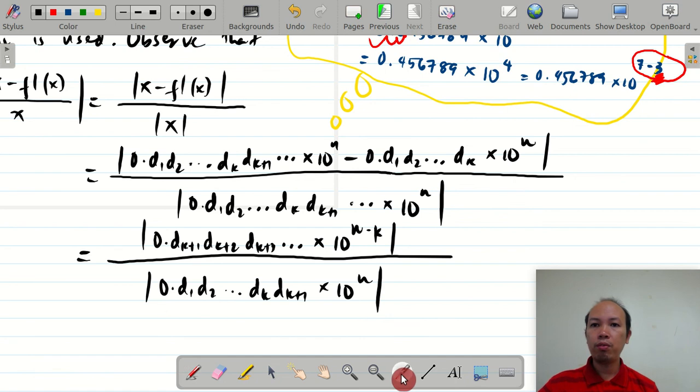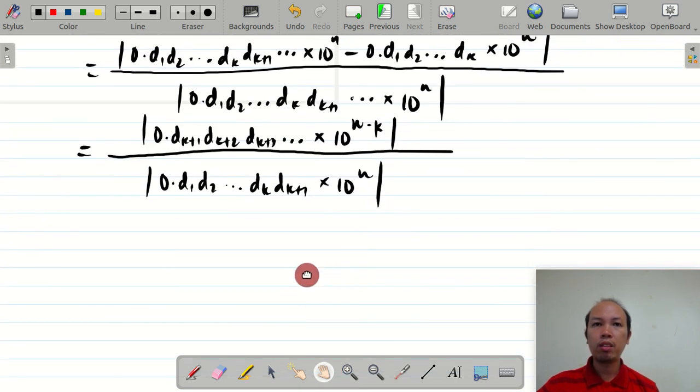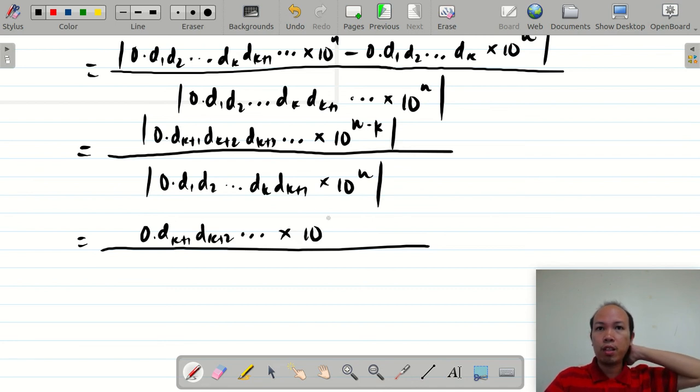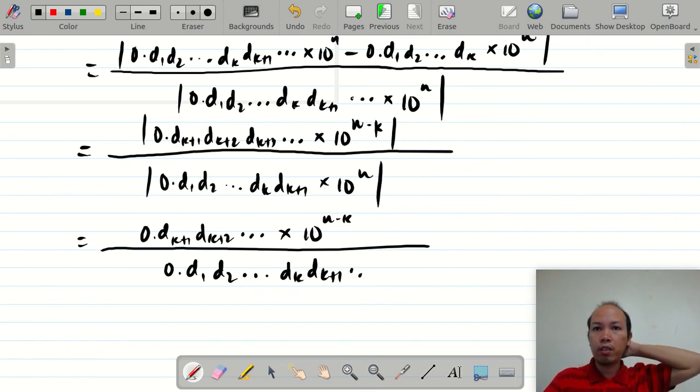And if you take the absolute value, so this is positive. So 0. d sub k, d sub k plus 1, d sub k plus 2 times 10 to the n minus k, and in the denominator also d sub k plus 1 times 10 to the n.